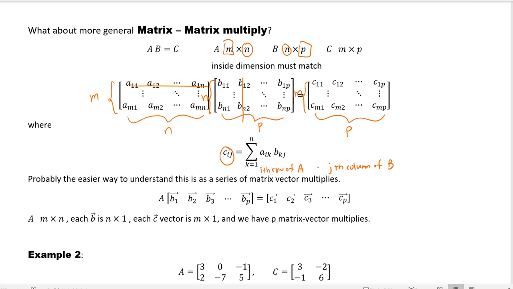Probably the easier way to understand this is as a series of matrix vector multiplications. You can think of B as a lot of column vectors, and then A times B1 we get C1, A times B2 we get C2. So here we have p column vectors.